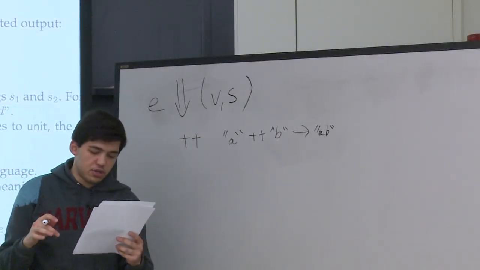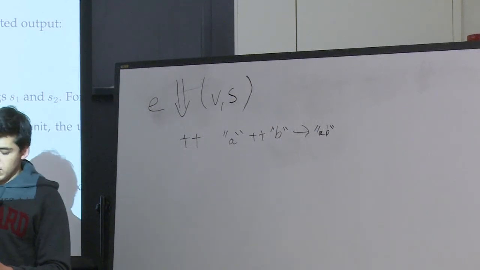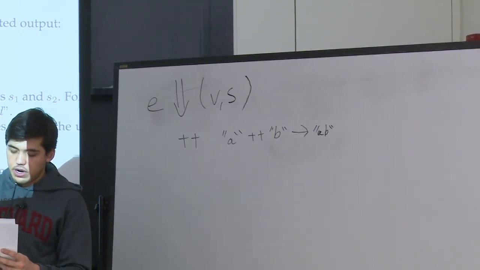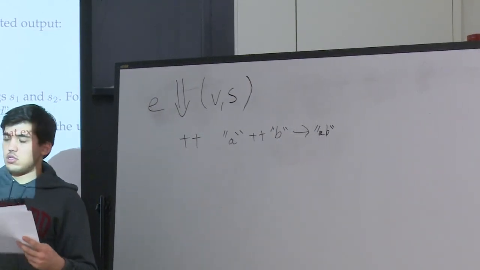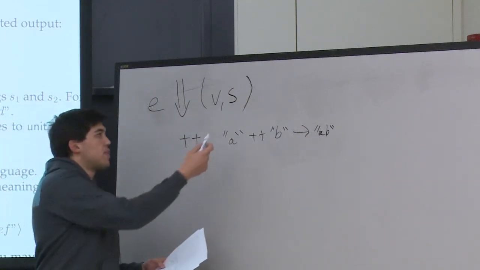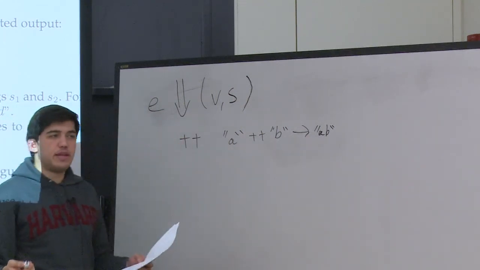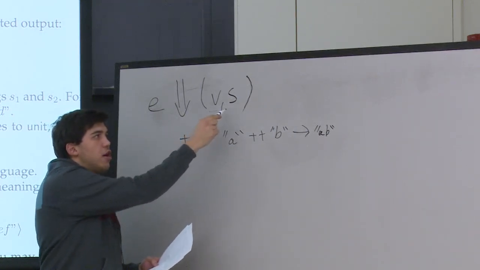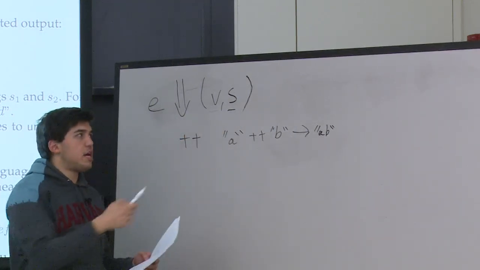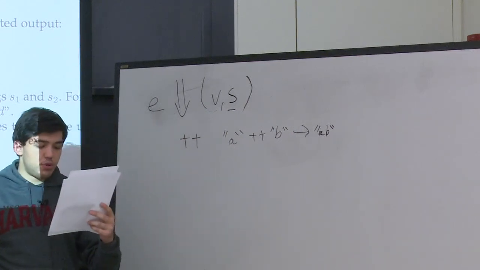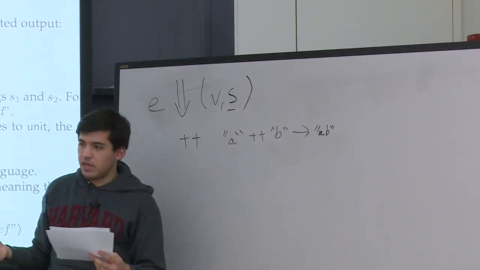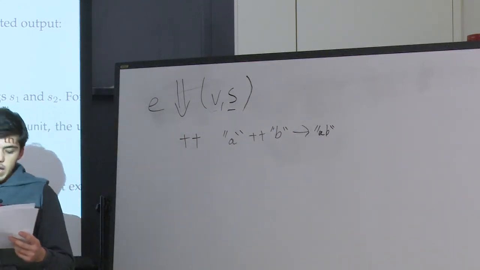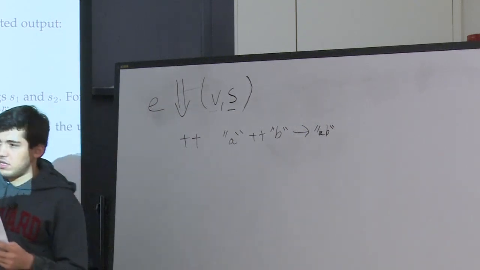I also want you guys to notice that in these expressions, some of them are going to be outputting strings at the end. So here, the tuple that we want to end up with includes a value and an output string. This output string will only be produced by the application expression, the output expression, and the concatenate expression.